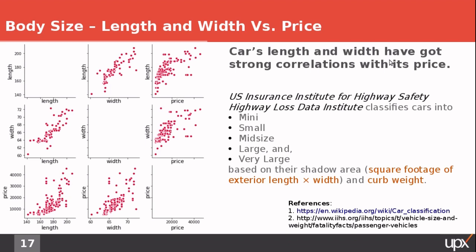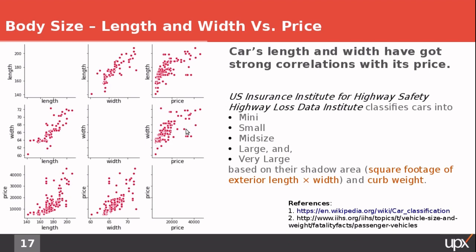There is a strong relationship between the length, width, and the price of the car. In this pair plot, you can see that the length and price of the car have a strong positive correlation. The width and price of the car also have a strong positive correlation.